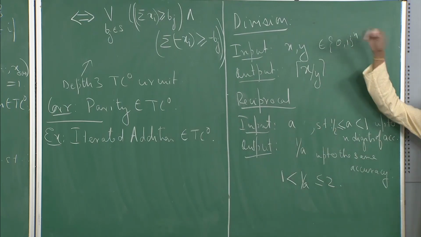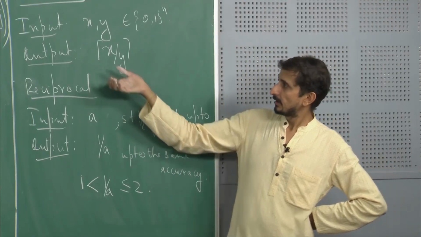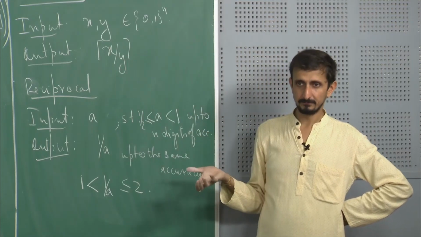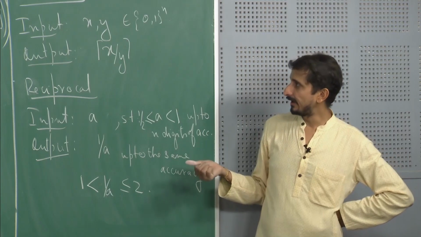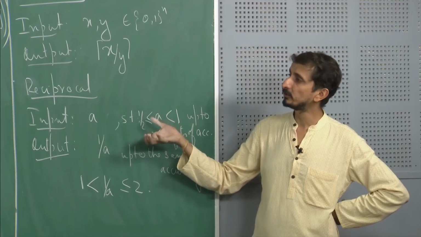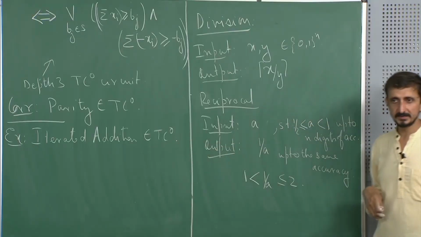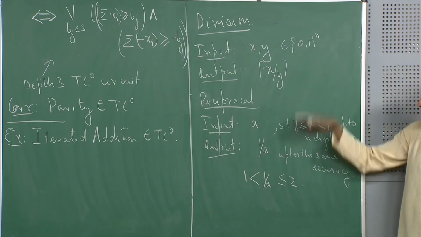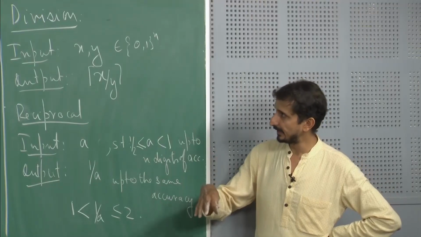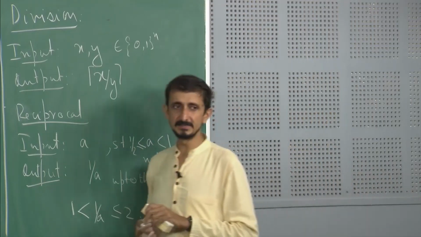The reason these two problems are somewhat equivalent is that computing x divided by y is the same as computing x multiplied by 1 by y, and we know that multiplication is in TC0. So these two problems are TC0 equivalent. Given division, I can reduce it to reciprocal by using a TC0 circuit.